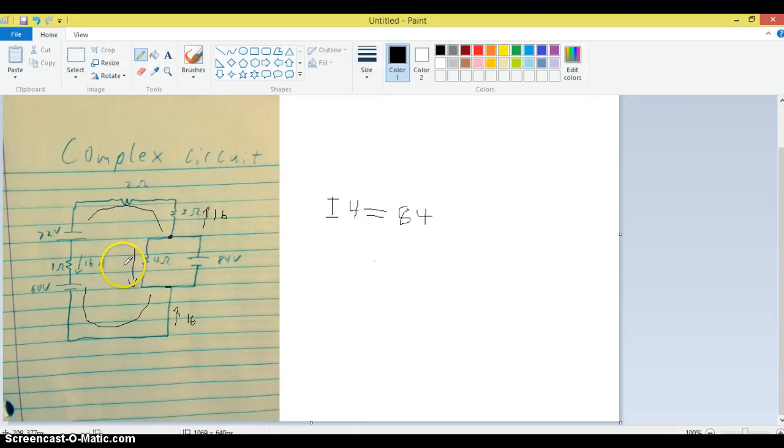So we know that 21 amps is going down that way, and then of course across this way. With the 16 and the 21 going this way, 21 plus 16 is 37 amps going up this way, right?